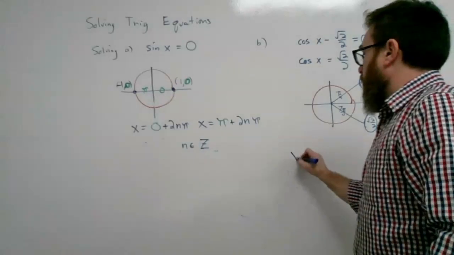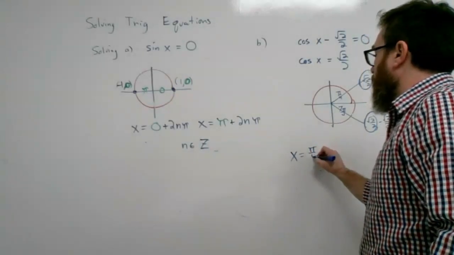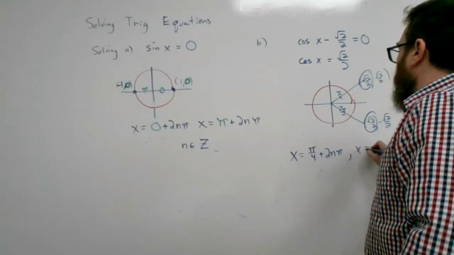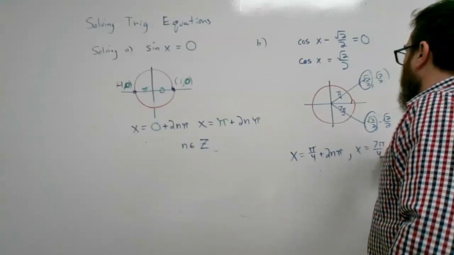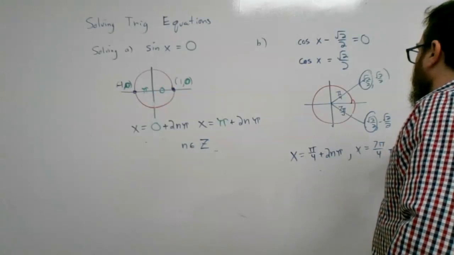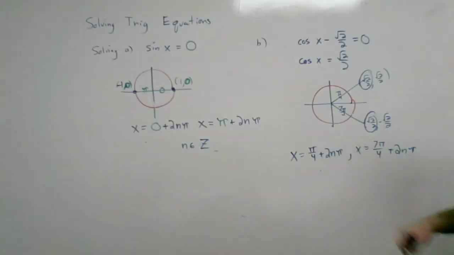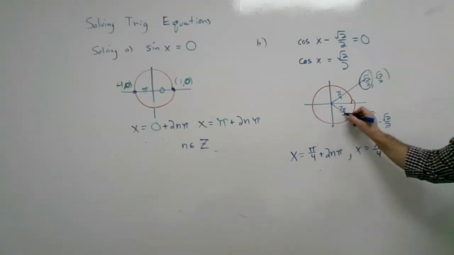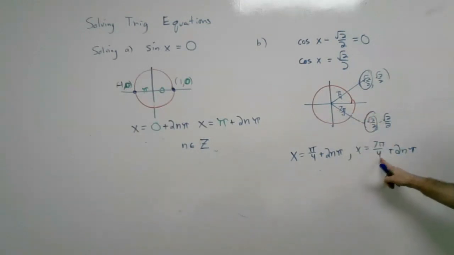So the angles are x is going to be equal to pi over 4 plus multiples of its period. And also x is going to be equal to 7 pi over 4 plus multiples of its period. You're welcome to use negative pi over 4 if you prefer as well. So if you want to write this as minus pi over 4 plus multiples of its period, it's still equivalent.